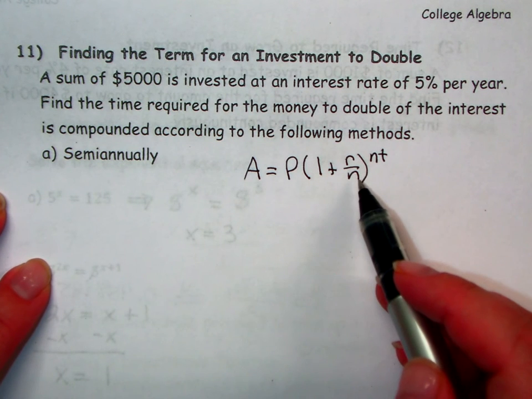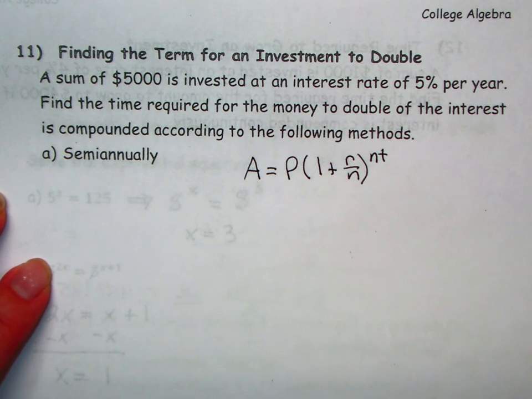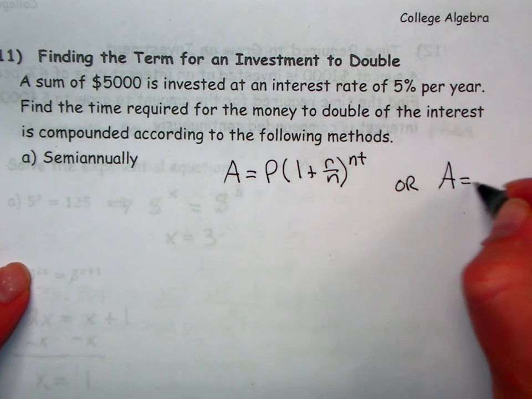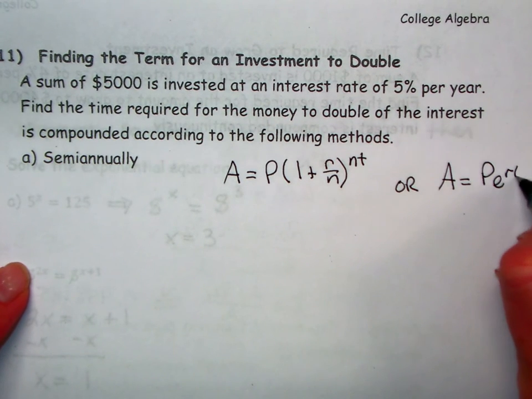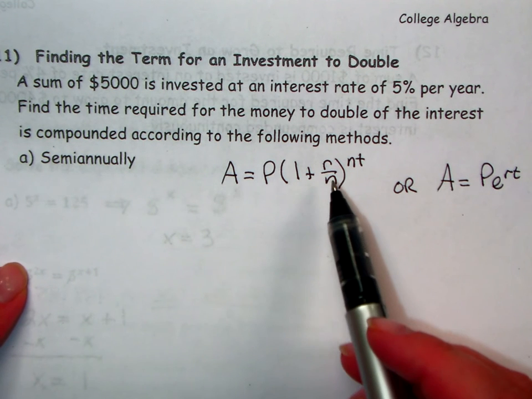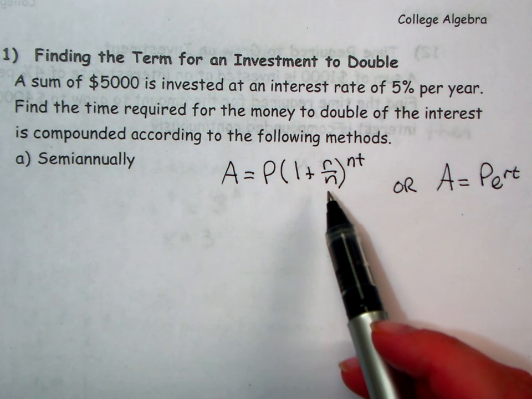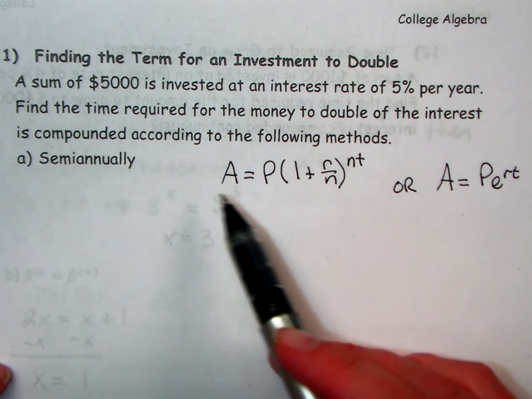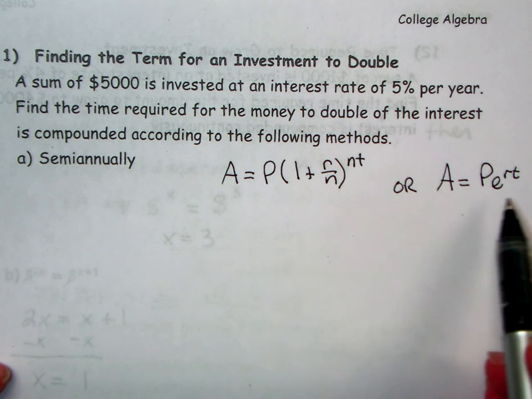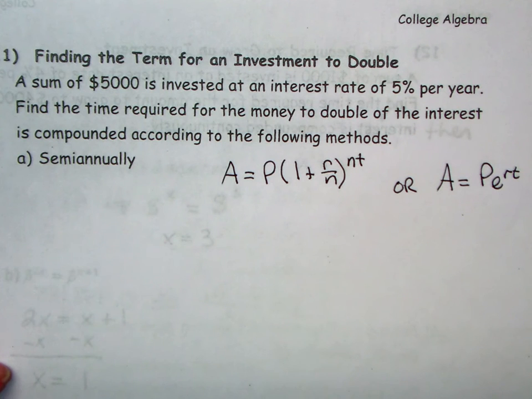This is if it's compounded. Then we have the other equation, the Pert equation, if it's compounded continuously. If it's compounded twice, 4 times, or 12 times a year, we would use this one. But if it says compounded continuously, we're going to use the Pert equation.